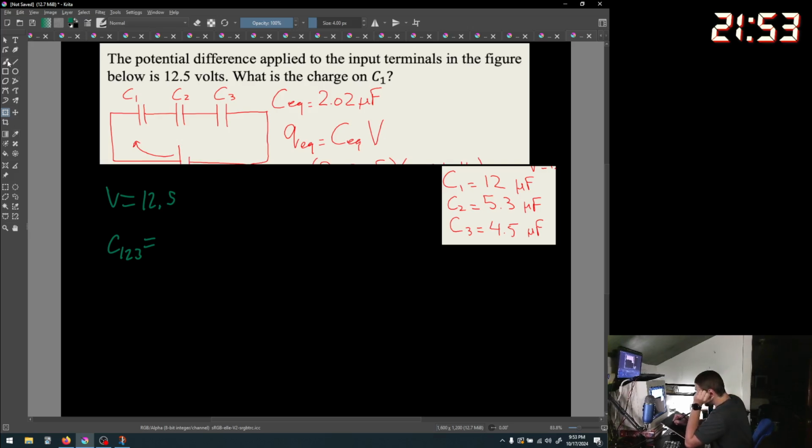C equivalent is going to be, because they're all series, 1 over 12 plus 1 over 5.3 plus 1 over 4.5, inverse.